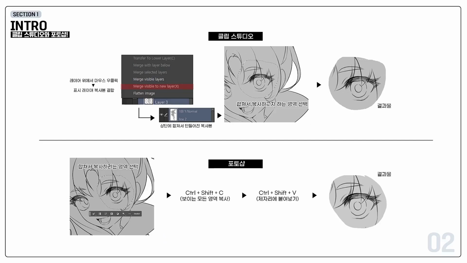In Clip Studio, we had to combine a copy of the display layer, and, after creating a new image, we had to cut and paste this part. But in Photoshop, we can press Ctrl-Shift-C, Ctrl-Shift-V to combine the visible parts of the selected area at once and paste it. Since it's a very convenient feature, it would be good to know.